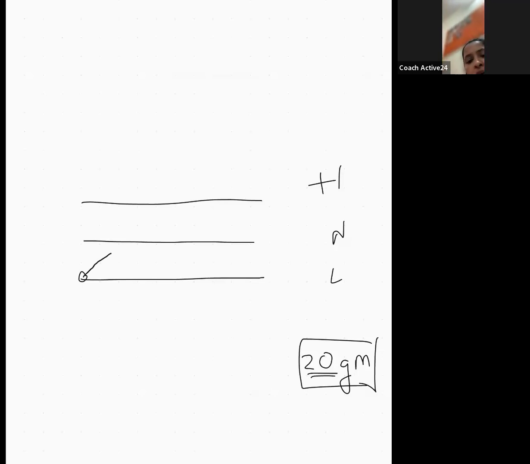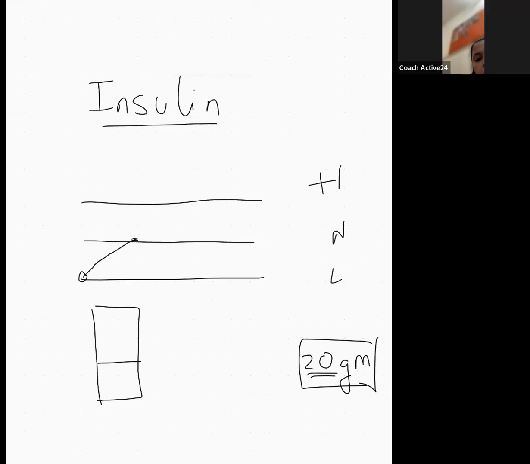Okay, and when your insulin is released over here, the quantity which is missing here is going to be converted into fats.